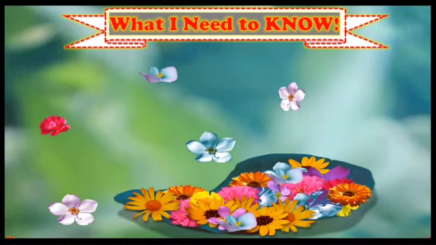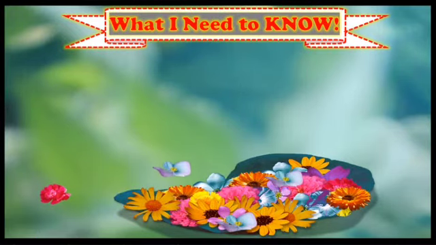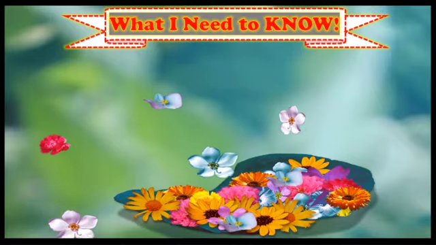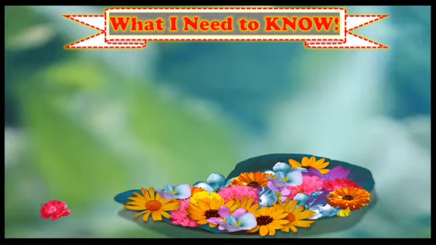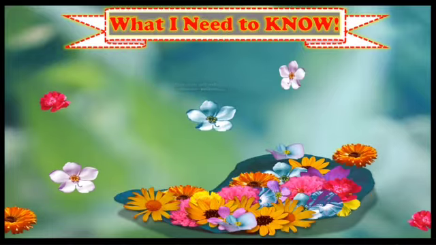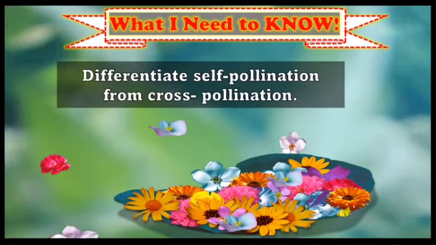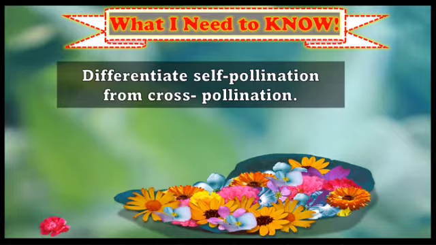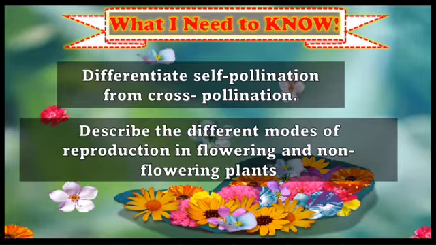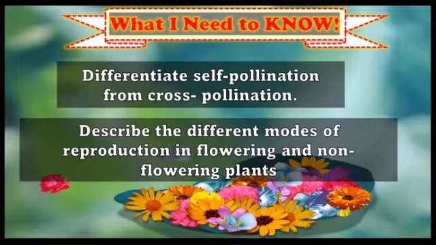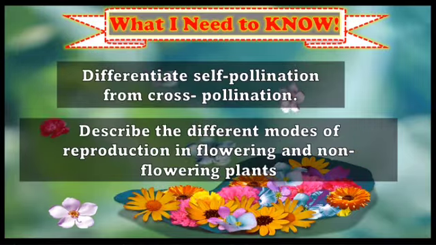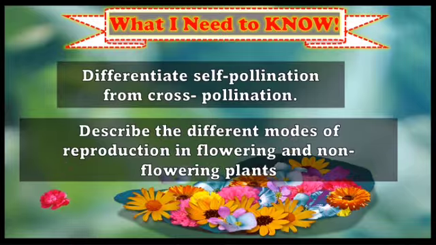So in this lesson, you will understand better the different modes of reproduction in flowering and non-flowering plants. Specifically, you will differentiate self-pollination from cross-pollination and describe the different modes of reproduction in flowering and non-flowering plants, like ferns and moss.